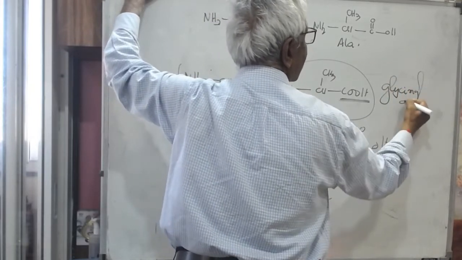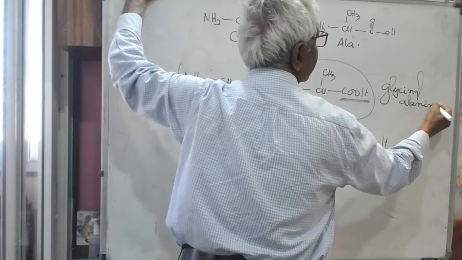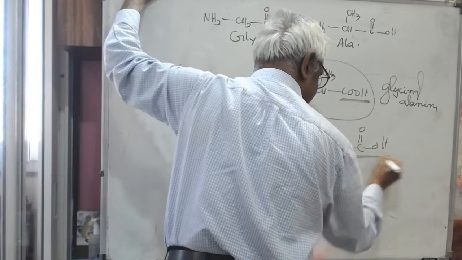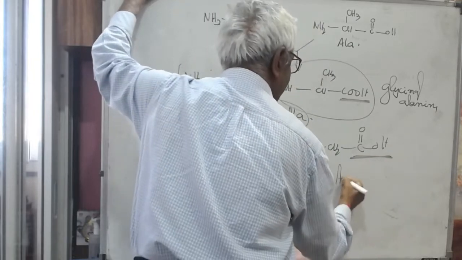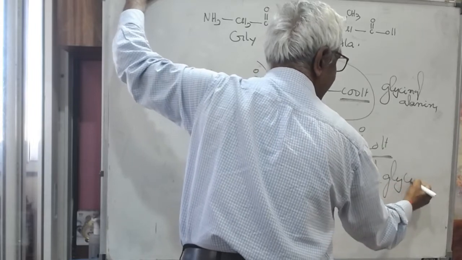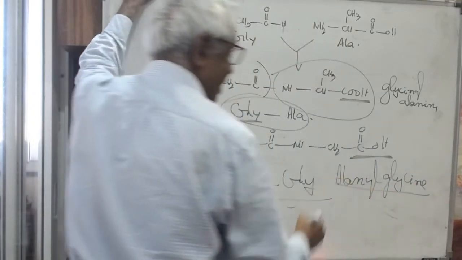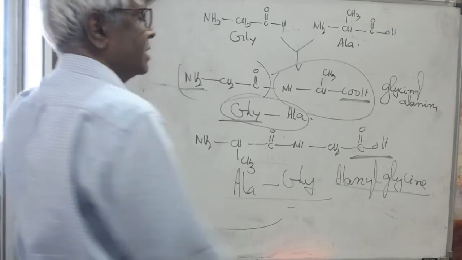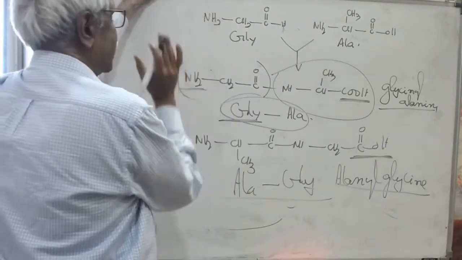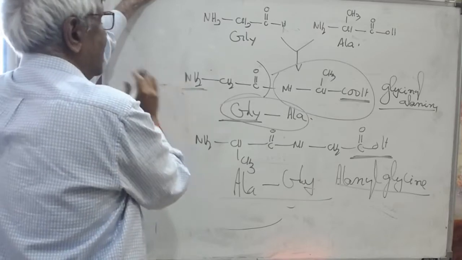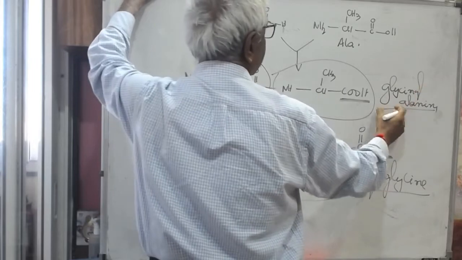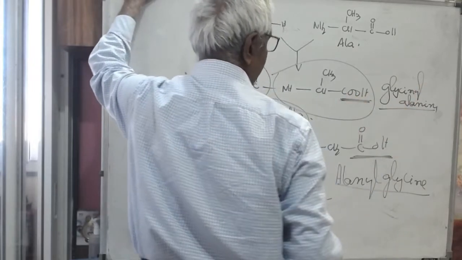So it is called glycinyl alanine. Now, what do you name this one? The preference is to be given to COOH. Therefore, alanyl glycine. It is named alanyl glycine, and this is known as glycinyl alanine. While writing, you have to start from the amino terminal, and on the right side you have to write the carboxylic terminal.